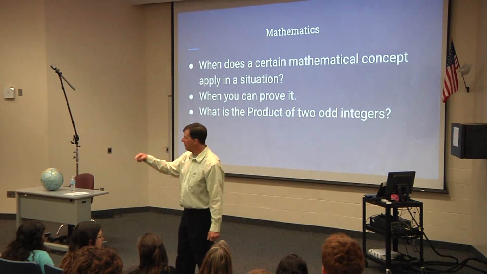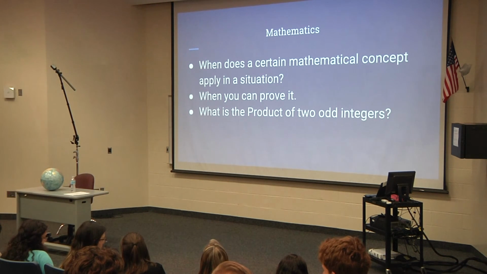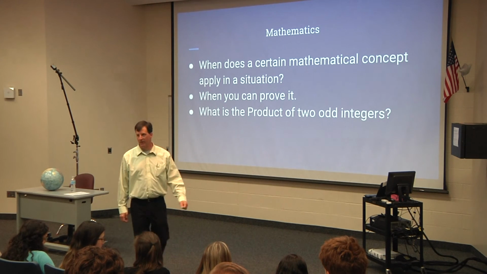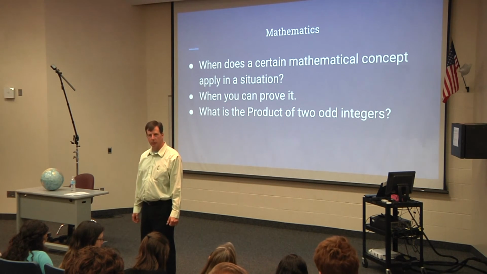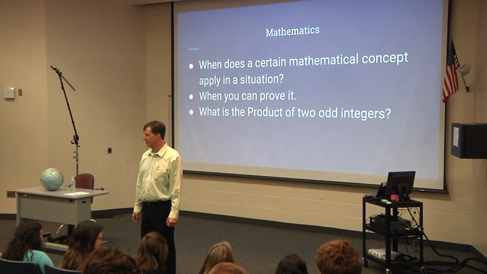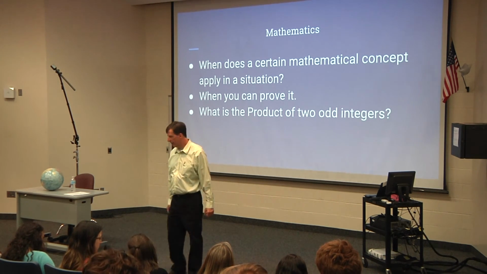But in order for it to be true, it has to work for every single solitary example that you can give me. And how many examples are out there when you're multiplying two odd integers? It would never end. You would have to use infinite numbers, infinite times. So how do we get around that?